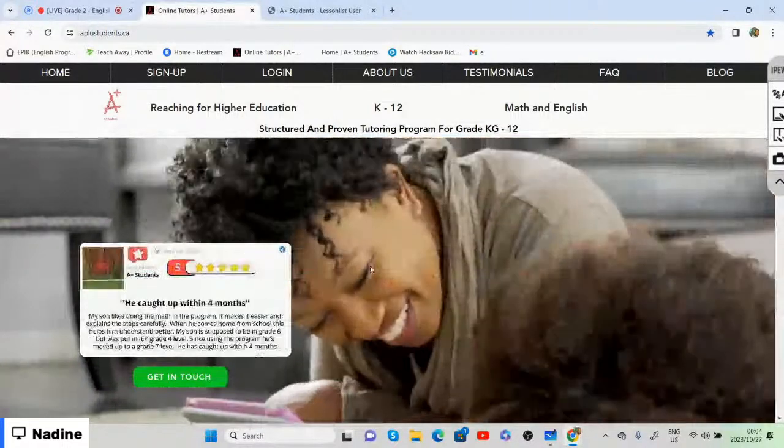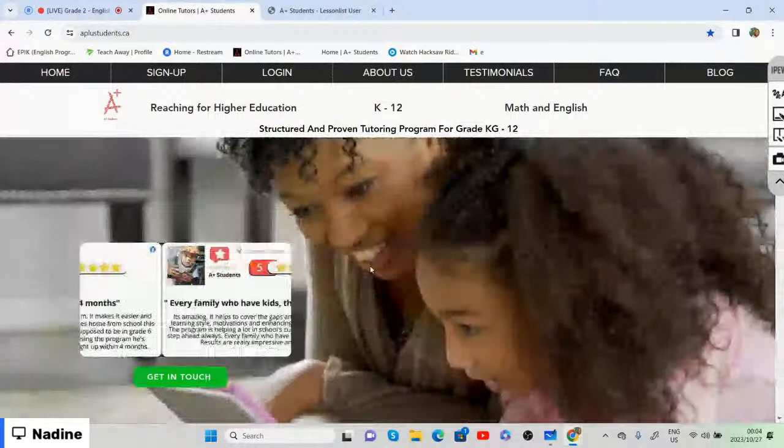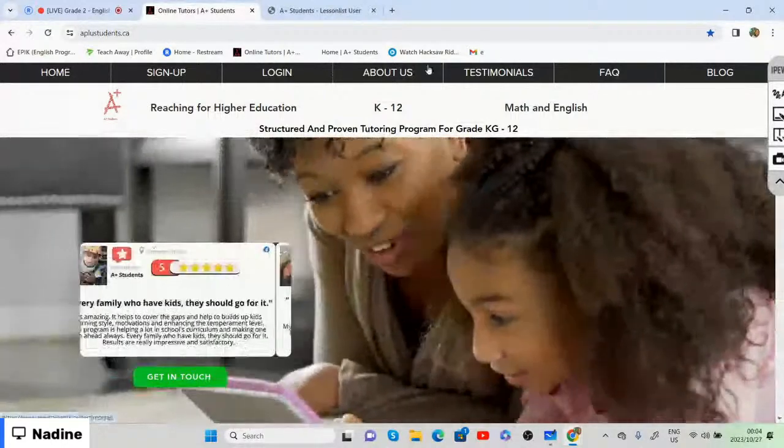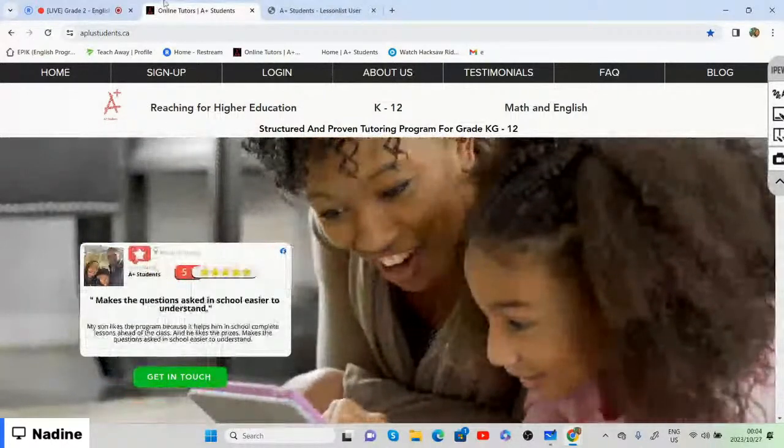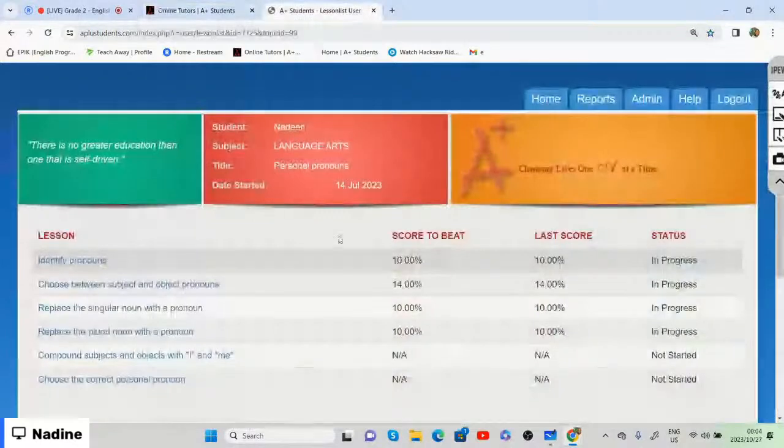Then we're going to scroll down until we get to the chapter of personal pronouns.